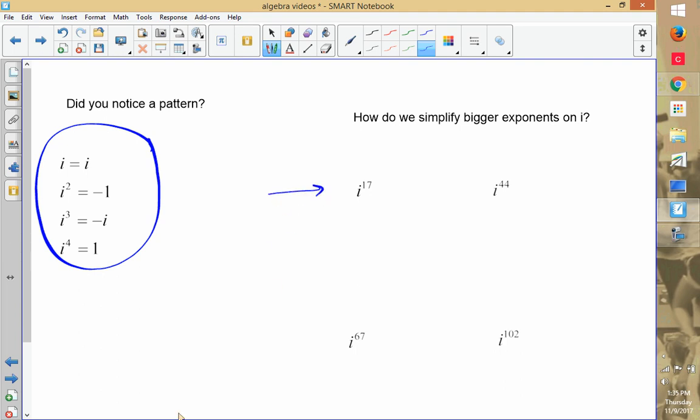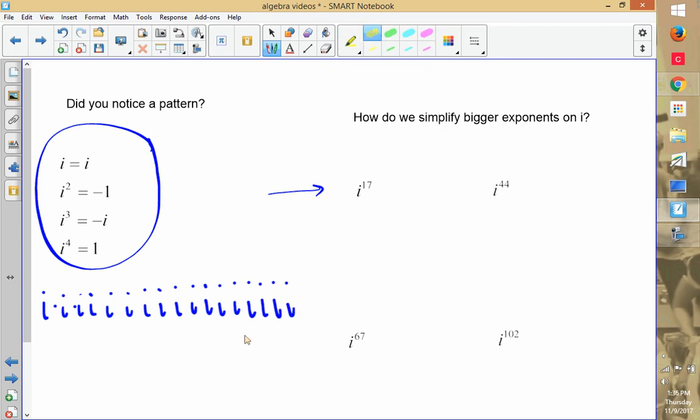So i to the 17th. If I were to write it, it'll take a while: 2, 3, 4, 5, 6, 7, 8, 9, 10, 11, 12, 13, 14, 15, 16, 17 i's. So what you'll notice is the pattern repeats every 4.